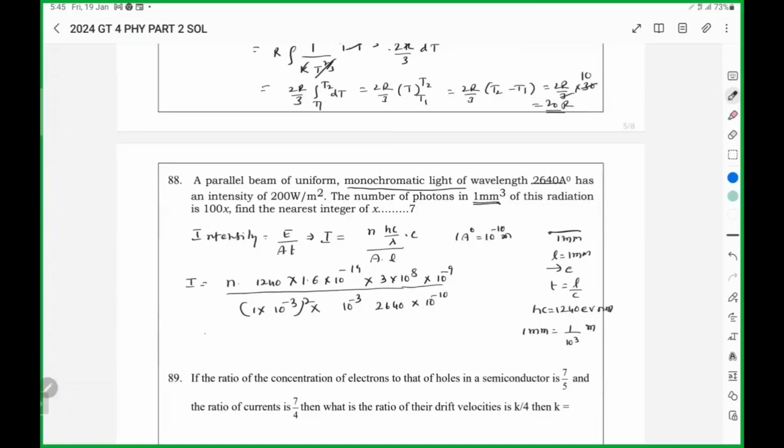So let us take first 1240, 1.6 into 3 numericals, 2640, and the powers of 10, the 10 power minus 19 gets cancelled.